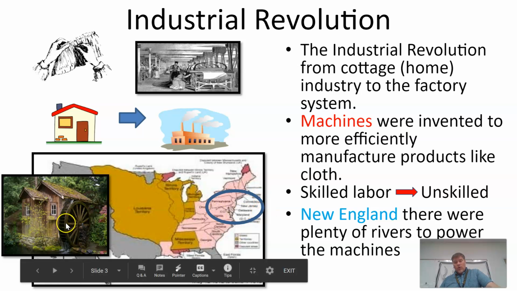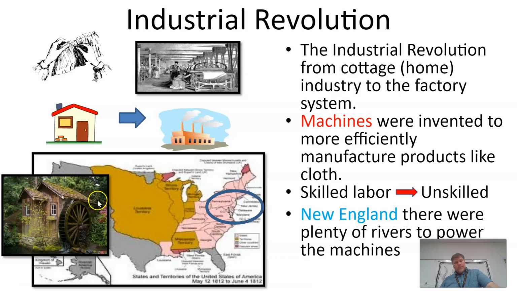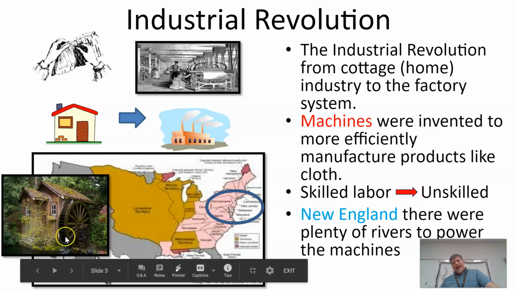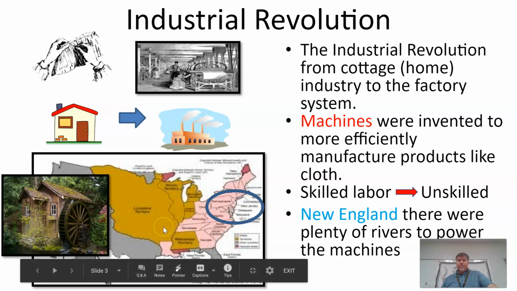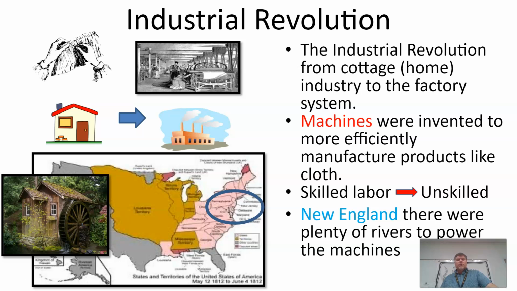And you can see they've got this water wheel where you've got water pouring down from this little man-made canal, this aqueduct of sorts that pours down over this water wheel and powers the mill inside. And so this is the power that is being produced to run a factory during the early part of the Industrial Revolution.